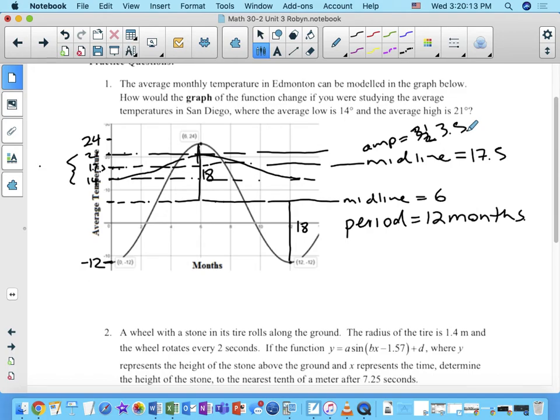It's still 12 months because we're still talking about a year. So when you get these compare questions, and it can be for this type of function or other types of functions, it's really helpful to think about what are the parameters of the function, and am I speaking to each parameter?